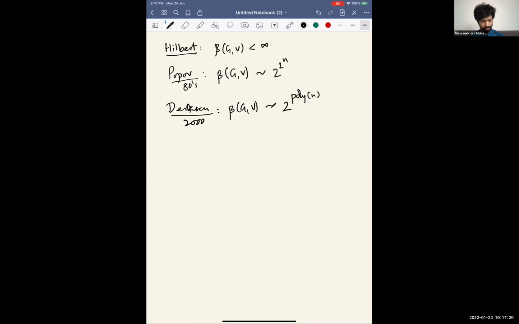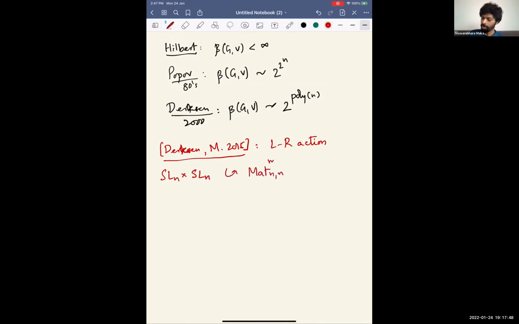And then I want to mention one result of mine with Derksen, and this was in 2015, I think. Here we looked at what's called the left-right action. It's going to be very close to the example that I showed you, but instead of three SL_n's, I have two SL_n's, and it's acting on m copies of n by n matrices, which you can also think of as C^n tensor C^n with m copies.